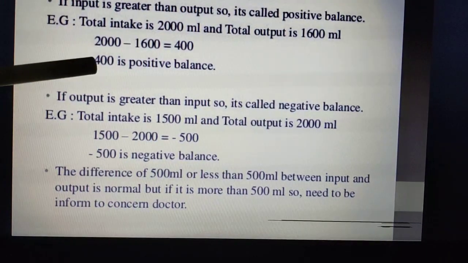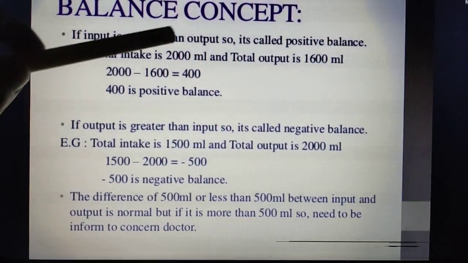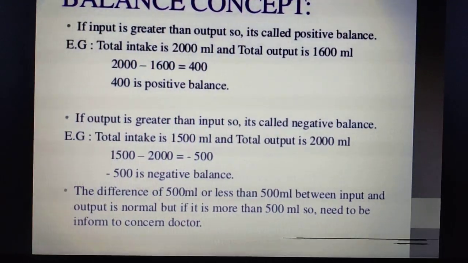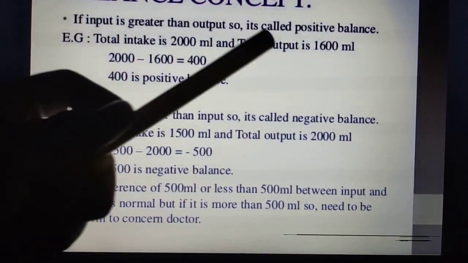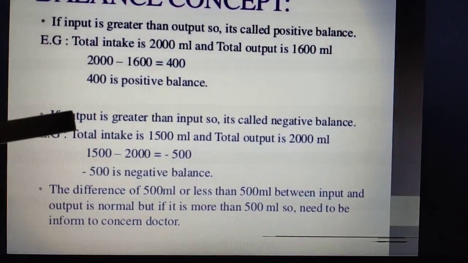That we call positive balance. Understood? For example, if the patient drinks 2 liters of water, and finally he eliminates approximately 1.5 liters of water through urine. Clear?